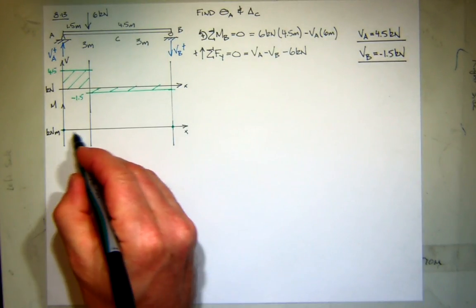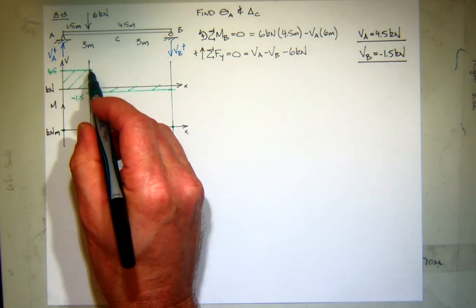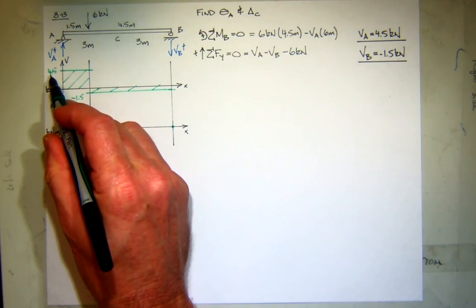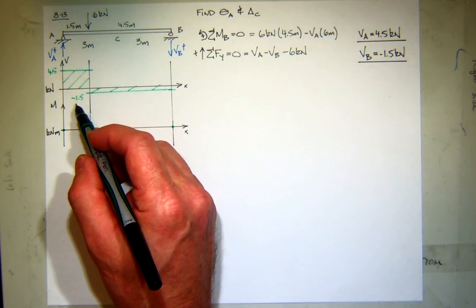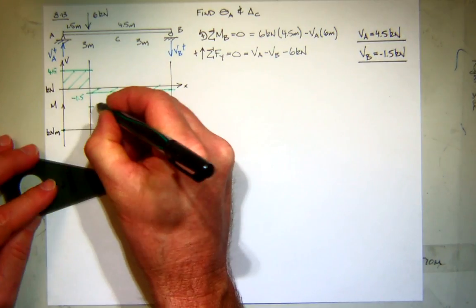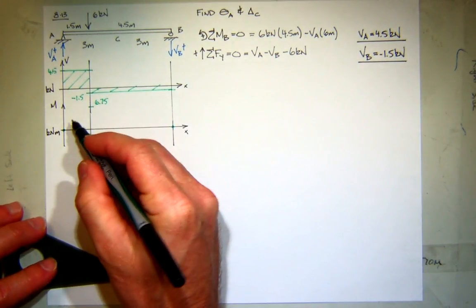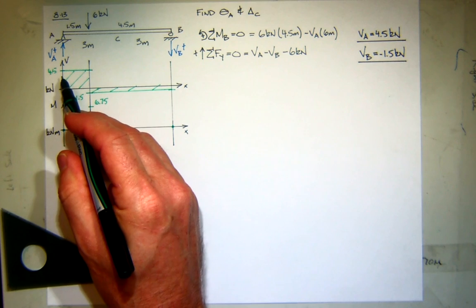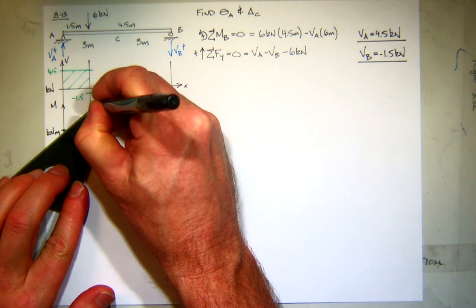I know the change in moment, say for this first 1.5 meters, is the area of the shear diagram, which is 4.5 times 1.5, which is 6.75. And of course the shape is given by the value of the shear, and the shear is constant and positive, so I have a constant positive slope.